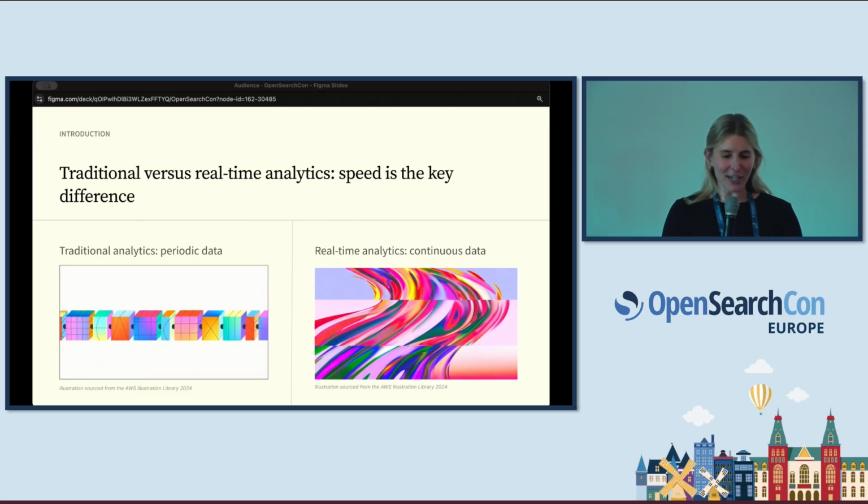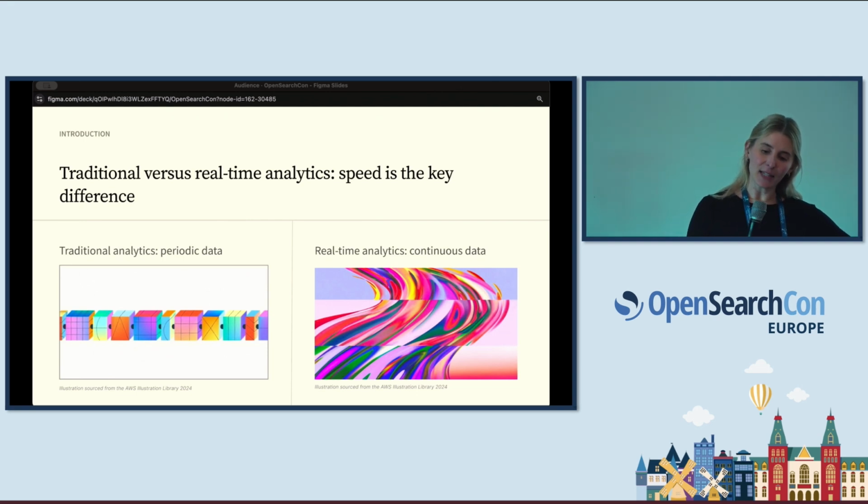Traditional analytics, or batch analytics, is the approach most organizations have used for decades. In traditional analytics, data is collected over time, stored, and then analyzed periodically, perhaps daily, weekly, or monthly. Think of it as taking a snapshot of your business data at specific intervals and then studying those snapshots to identify patterns and insights.